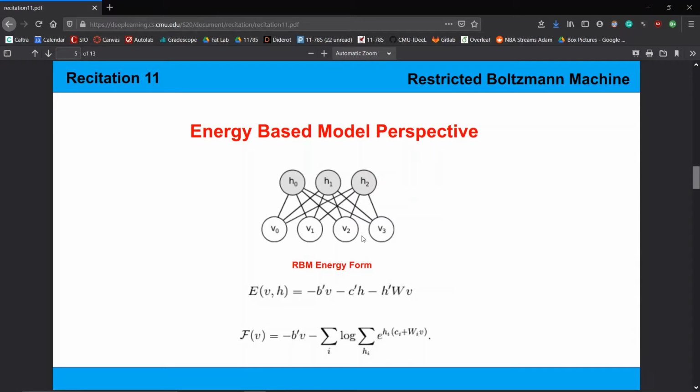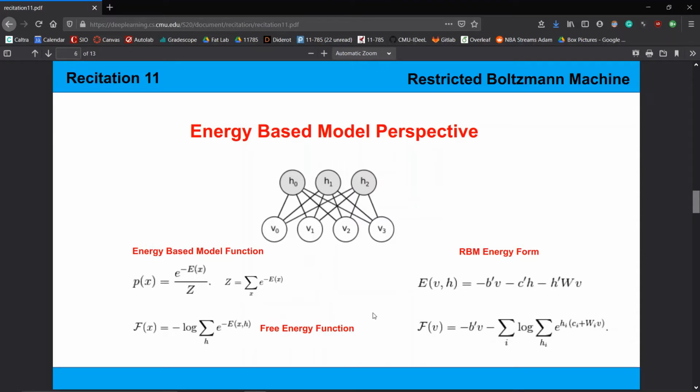Initially, the energy function is very analogous to the Hopfield network, as in general Boltzmann machines, the probability distributions over hidden and over visible units are defined in terms of this energy function as well, where Z is some partition function. This partition function is over all possible configurations to ensure the probability distribution sums to 1.